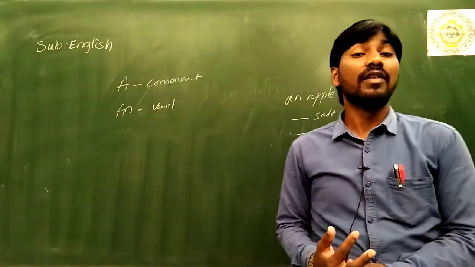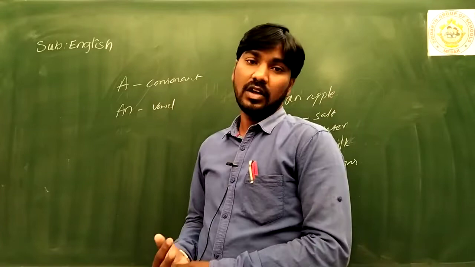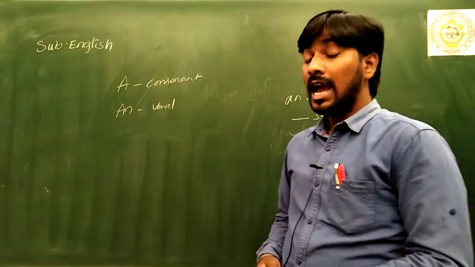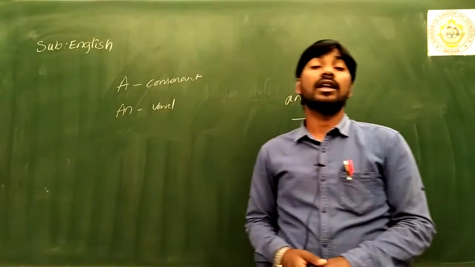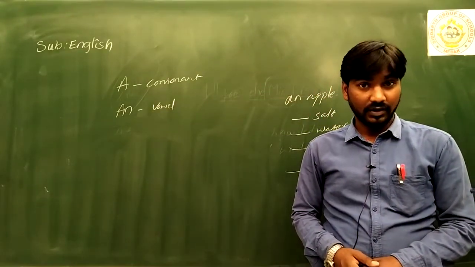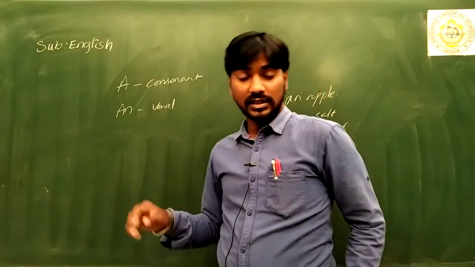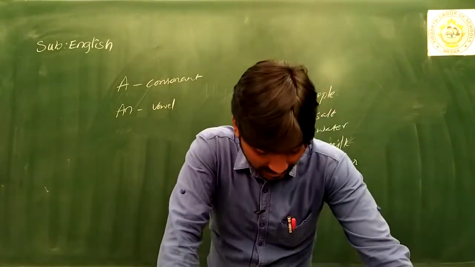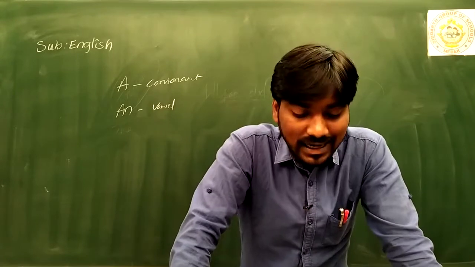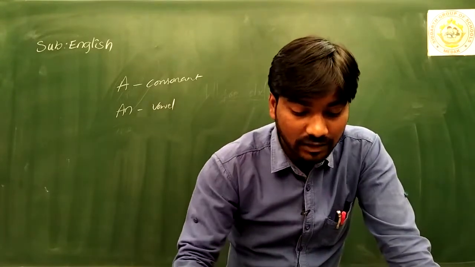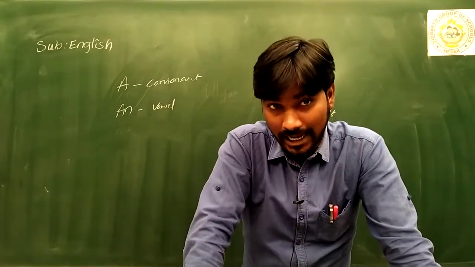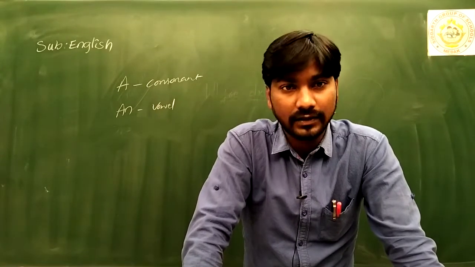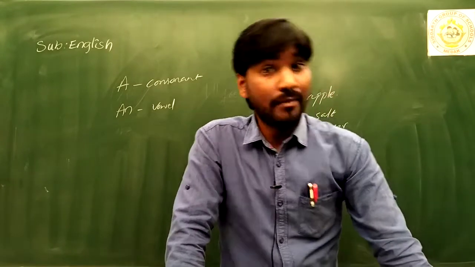What is rule number 2? We use a or an only before countable nouns, because uncountable nouns won't take an article. Salt, water, anger, milk, darkness, kindness are all uncountable nouns, and uncountable nouns won't take the article a or an. That is rule number 2, which we have already learned.